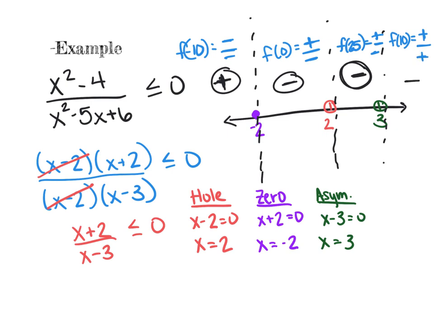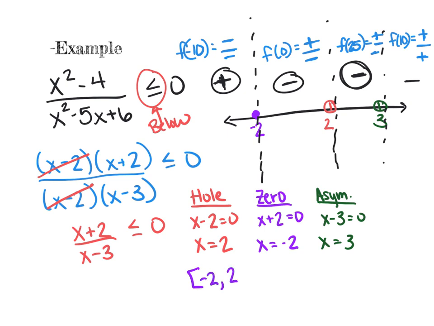So now I can see that the intervals I'm interested in are my negative, my below intervals. I want my below. Those below intervals occur from negative 2 up to 2. And remember, because we have a hole here, we have to cover that with a union, and we go from 2 to 3. So we're going to write this as, we include it now because it's equal to, so we'll include the negative 2 up to 2.